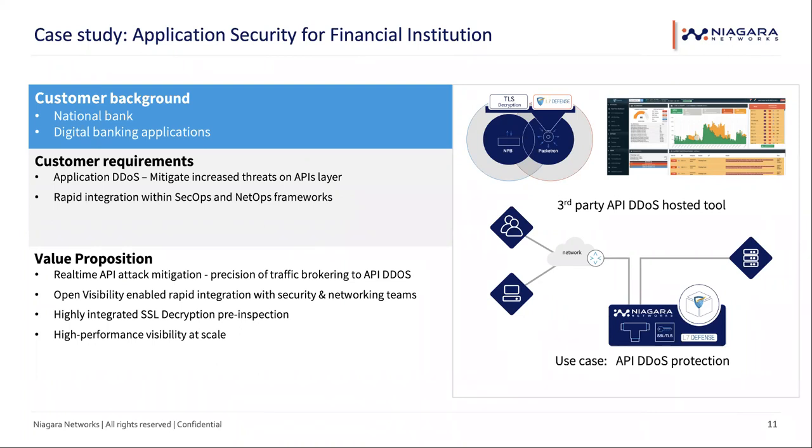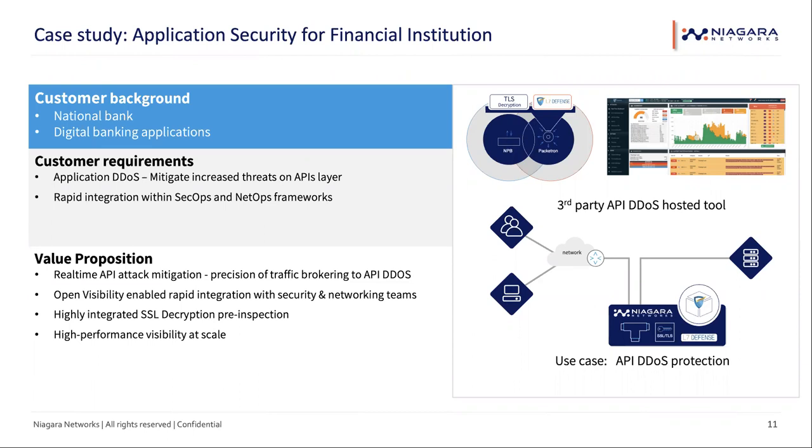So in this case, we combined the application layer 7 defense, which is actually inspecting the API calls, together with the SSL decryption, so we can decrypt the HTTPS calls from the different front ends, and decrypt and inspect these sessions, these API calls, before they are sent to the financial system.